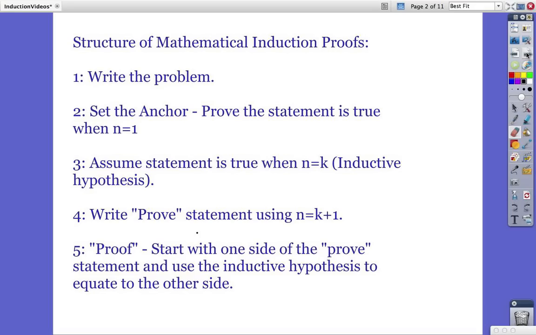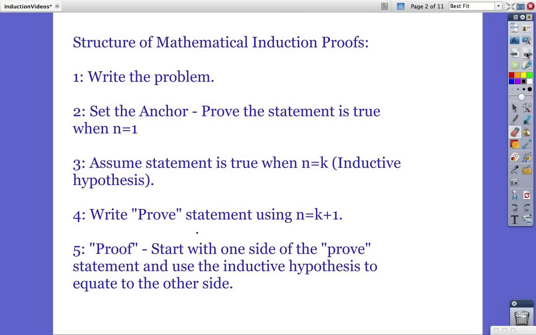The structure we will use for mathematical induction proofs is, first, we will write the problem. The second step, I'll call setting the anchor, and that is to prove that the statement is true when n equals 1. We may also interchange the term base case when doing the n equals 1. The third step is called the inductive hypothesis.